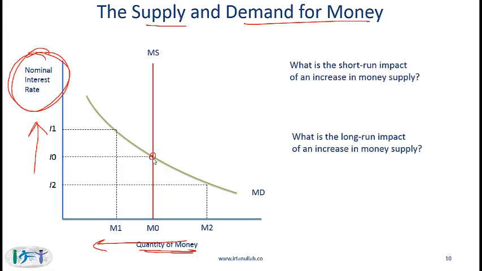The equilibrium interest rate is based on the intersection of supply and demand. To understand this a little better, let's say that the interest rate is set at this high level of I1, then the supply of money will outstrip demand. If the supply of money is very high, that means that people will want to invest money, and let's say people invest in bonds.